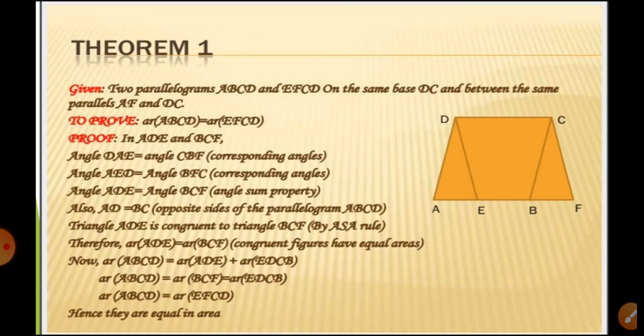Now, theorem 1. Given two parallelograms ABCD and EFCD on the same base DC and between the same parallels AF and DC, we have to prove that ABCD and EFCD have equal areas.